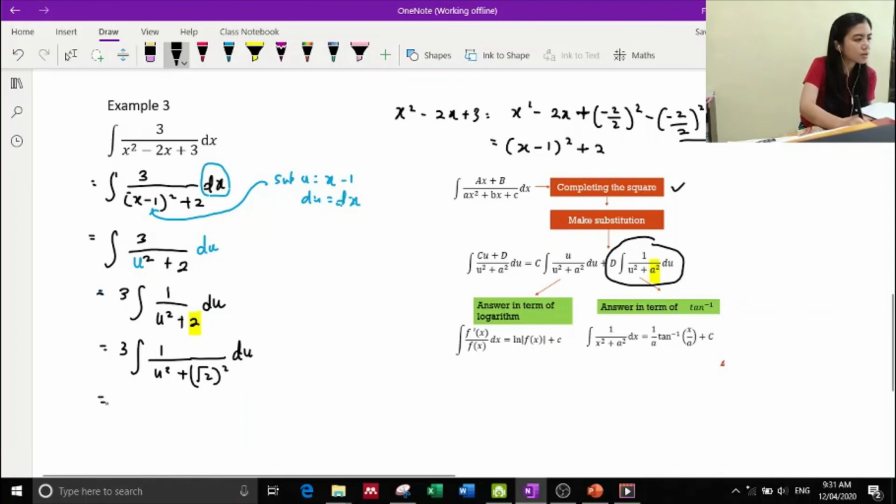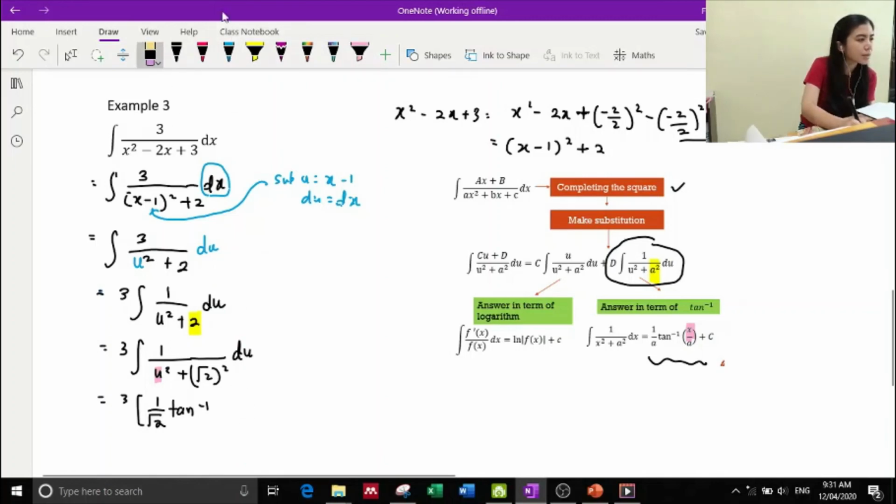By the manipulations, you will have the answer in terms of tangent inverse, and you can apply this formula. So you will have 1 over a. Now your a is 2, and then we have the tangent inverse. In the formula we have the x, but what we have here is u, so you have to manipulate it a bit.